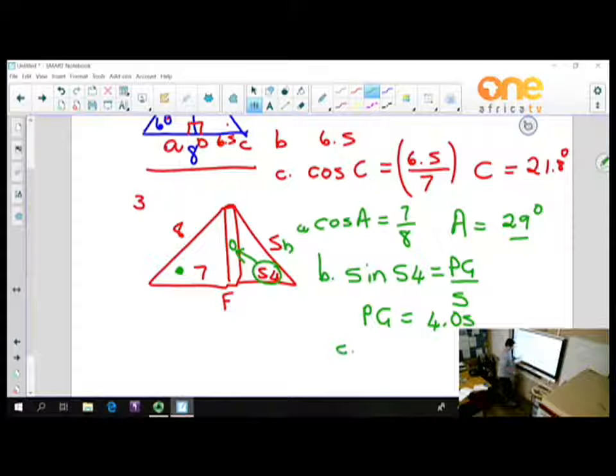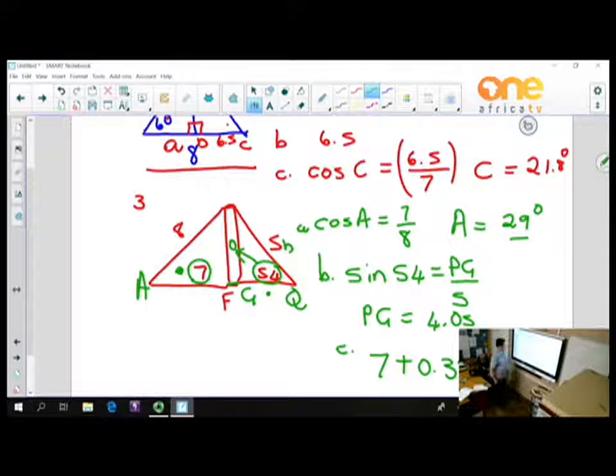Then the last part, number C, the width of the pole is 0.35. Calculate the distance between A and Q. So now we know that this one is 7. So we already have that 7 plus, we know that this part here is 0.35. And what we need to calculate is GQ. This is what we don't have.